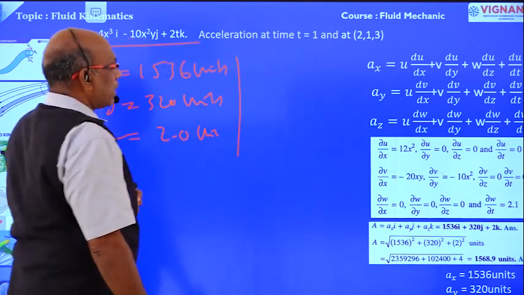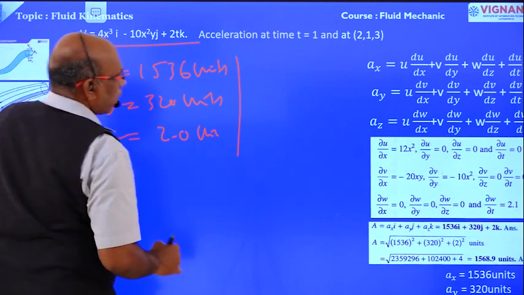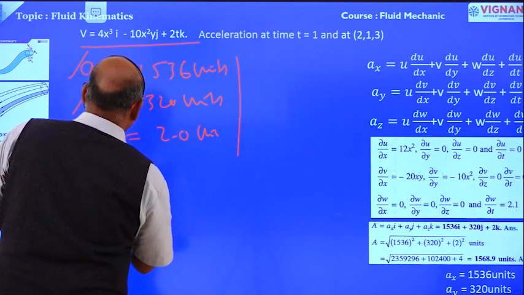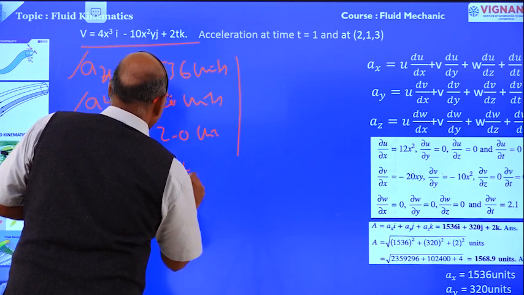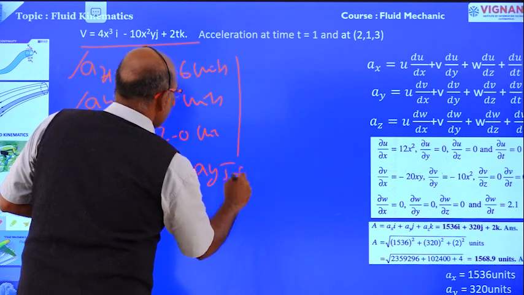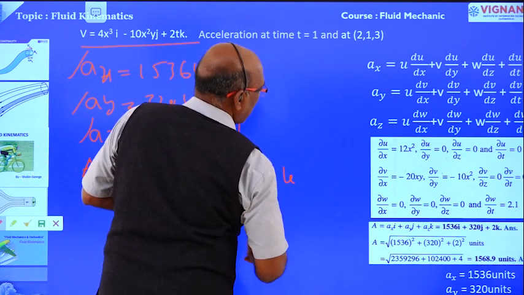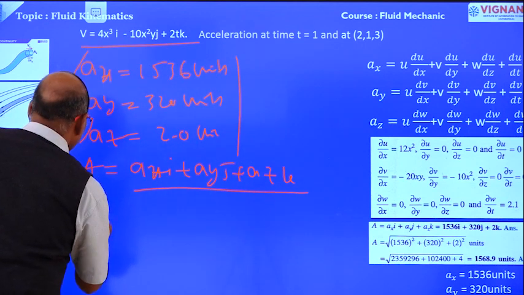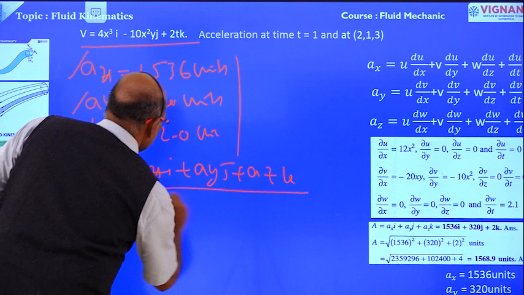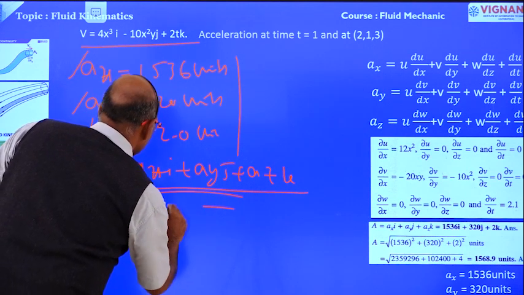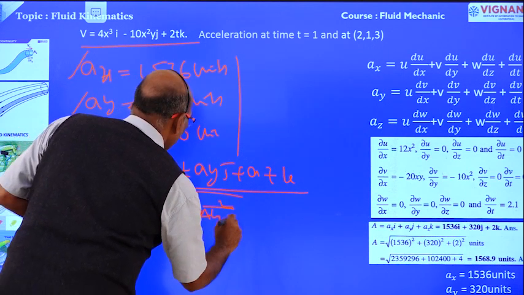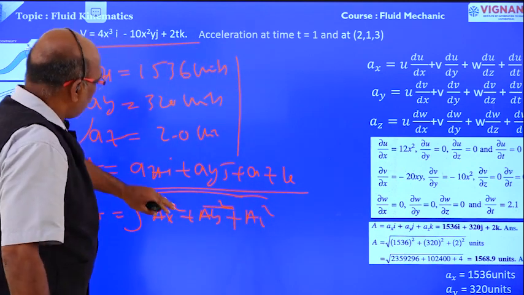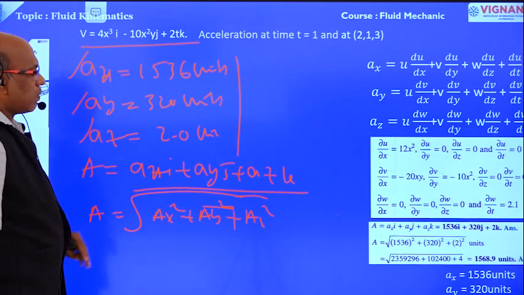Finally, we are going to determine the acceleration. Acceleration, we know one formula, a is equal to axi plus ayj plus azk. This is the formula. Now resultant acceleration, a is equal to square root of ax square plus ay square plus az square, right? This is the formula for the determination of the resultant acceleration, right?